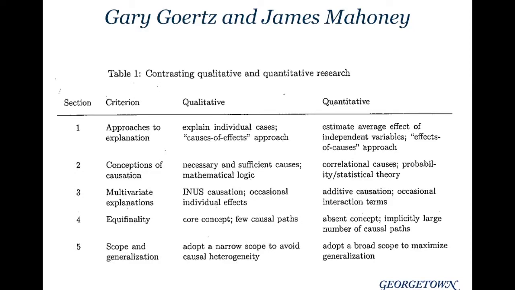On generalization, qualitative researchers tend to be cautious about generalizing from cases because we think that there's a lot of different paths, different combinations, different interaction effects, and what we call generally causal heterogeneity, lots of variance in causal relationships.